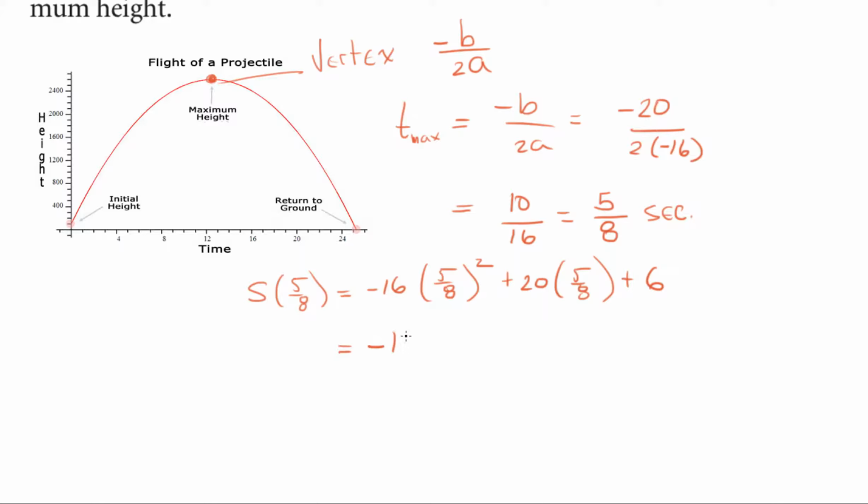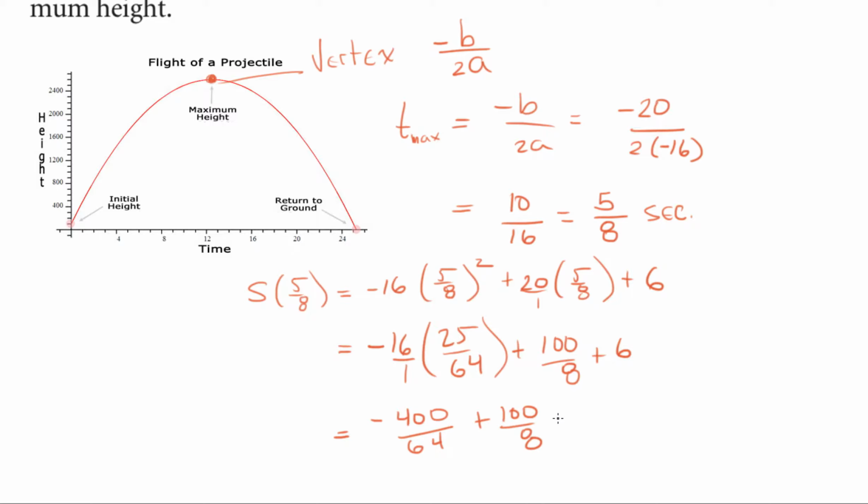Negative 16 times 5/8 squared is 25 over 64, plus 20 over 1 times 5 over 8, 20 times 5 is 100, so 100 over 8, plus 6. So 16 over 1, 16 times 25 is negative 400 over 64 plus 100 over 8 plus 6 over 1.